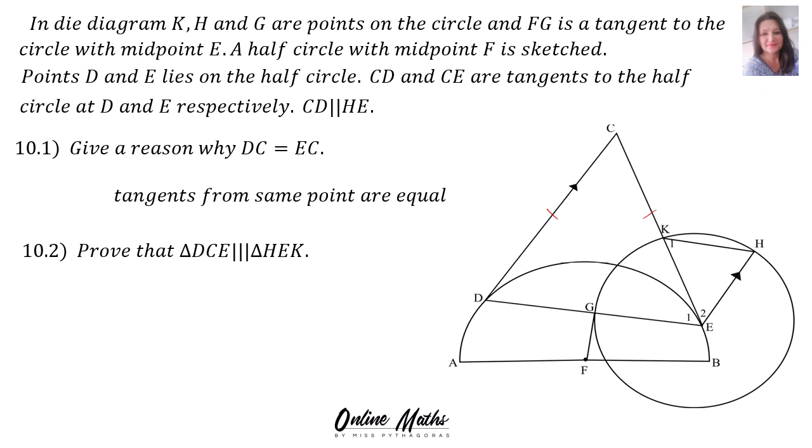They have a common point C and they are drawn from that point. Therefore, they will be equal, up to the point of contact. Number 2, prove that triangle DCE is similar to triangle HEK. And that one I will do on the next slide.